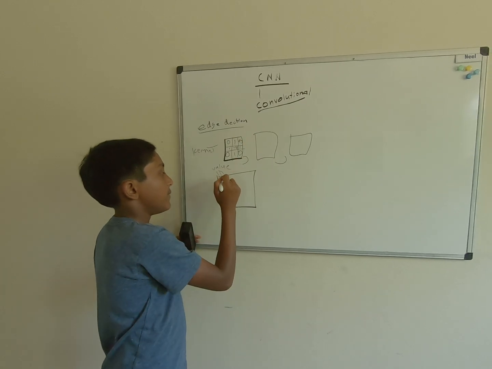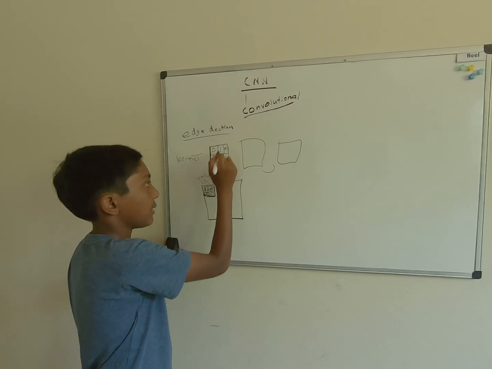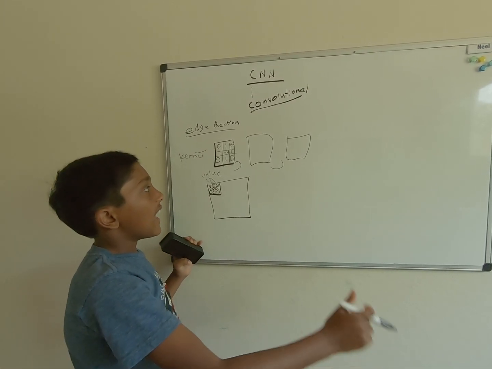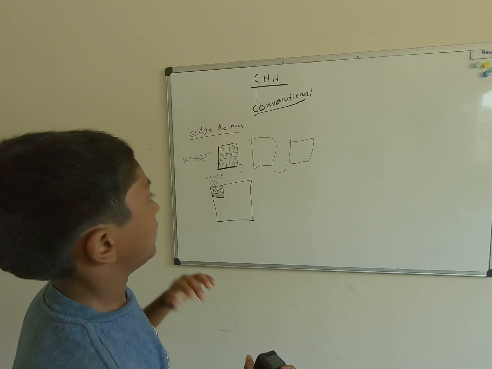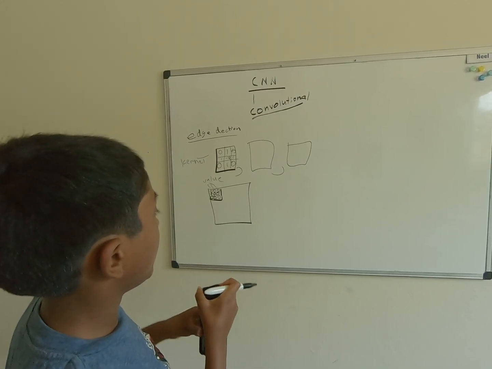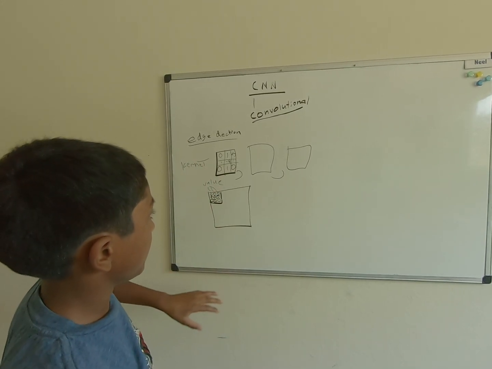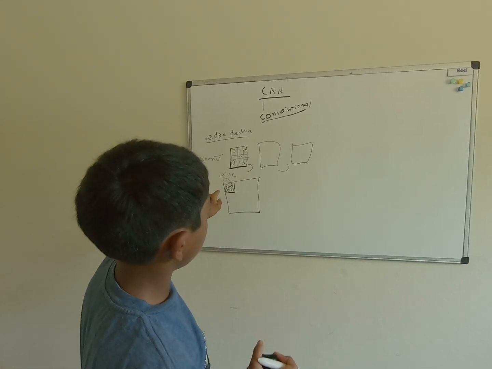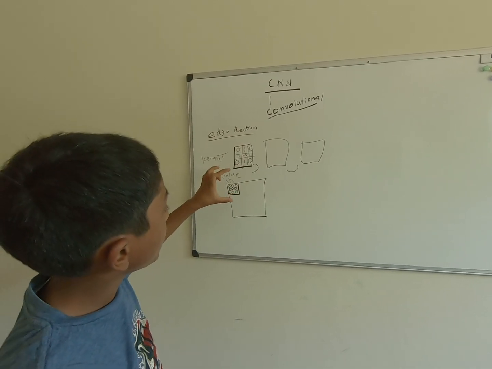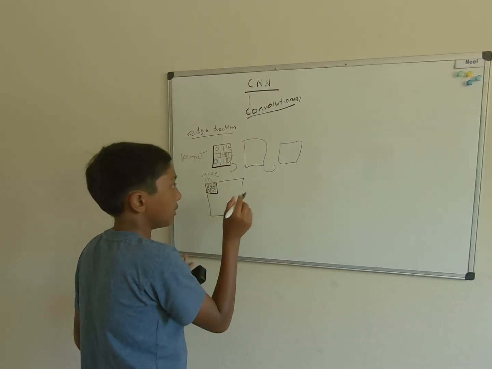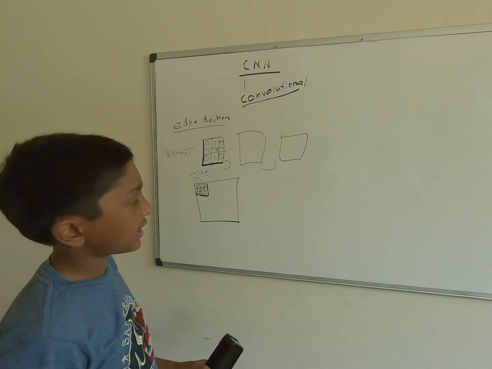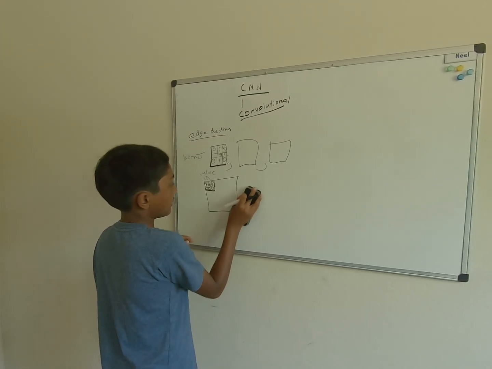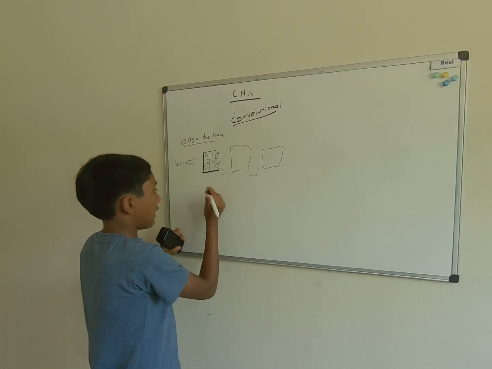You multiply each one, and then you keep on moving it, and then you get edge detection.